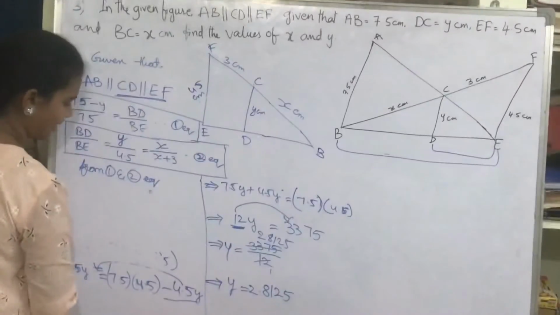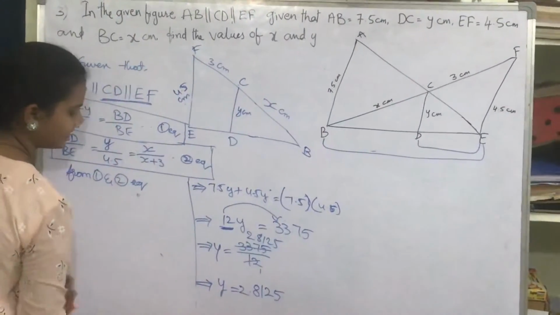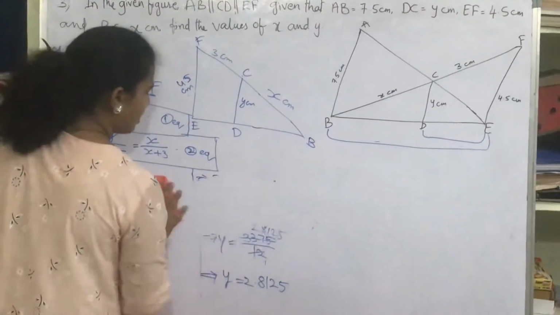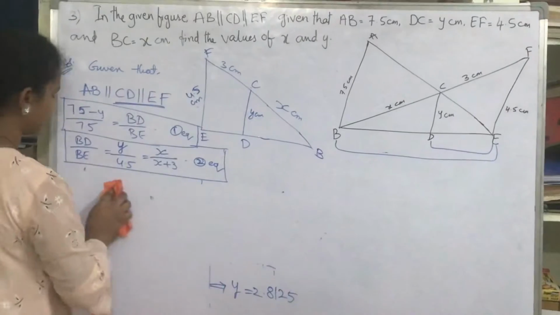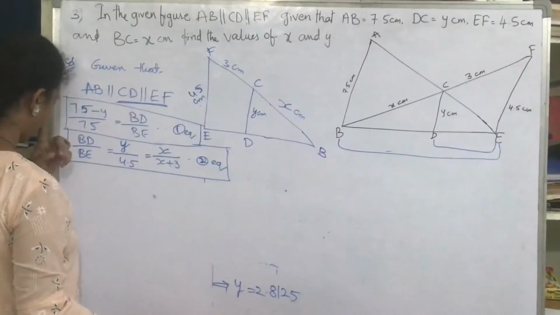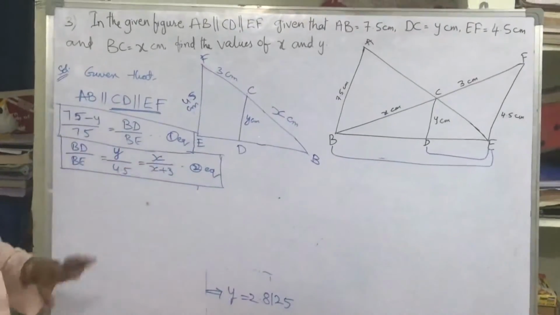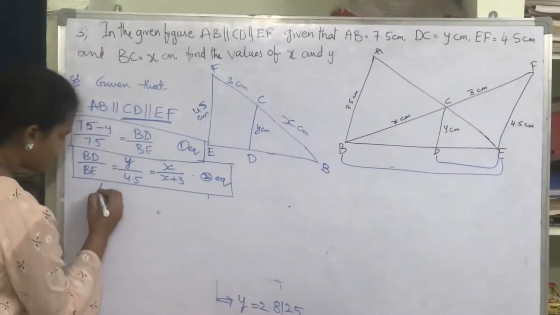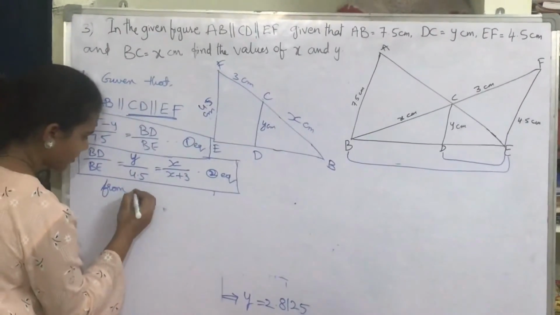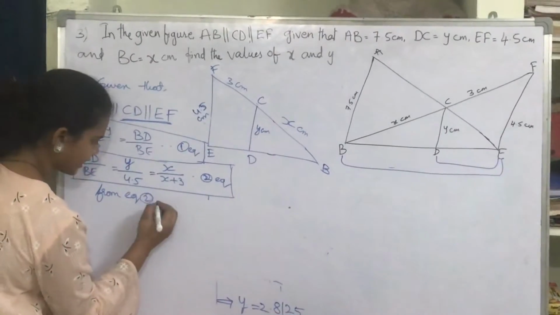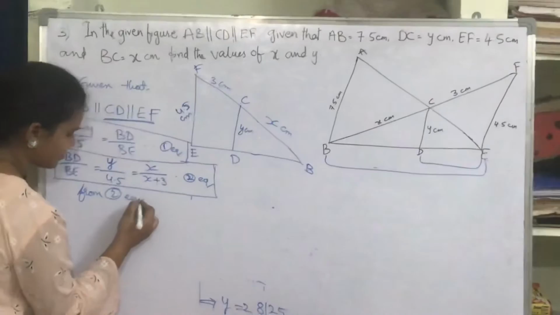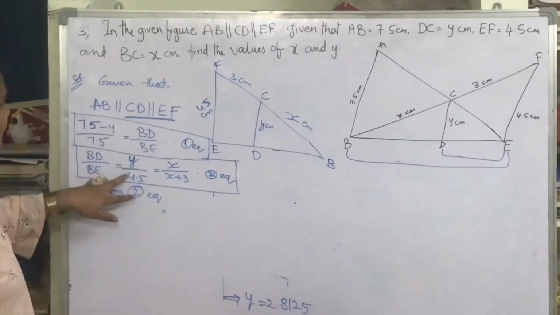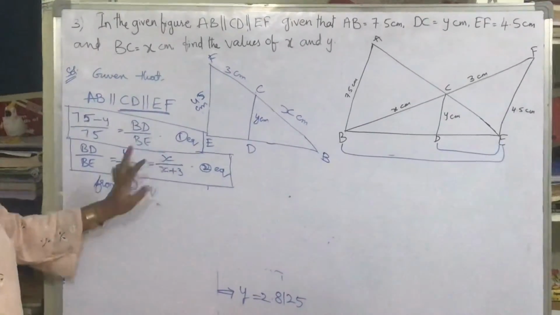To find the x value, now from equation 2, just consider equation number 2. Take y by 4.5 equals to x by x plus 3.